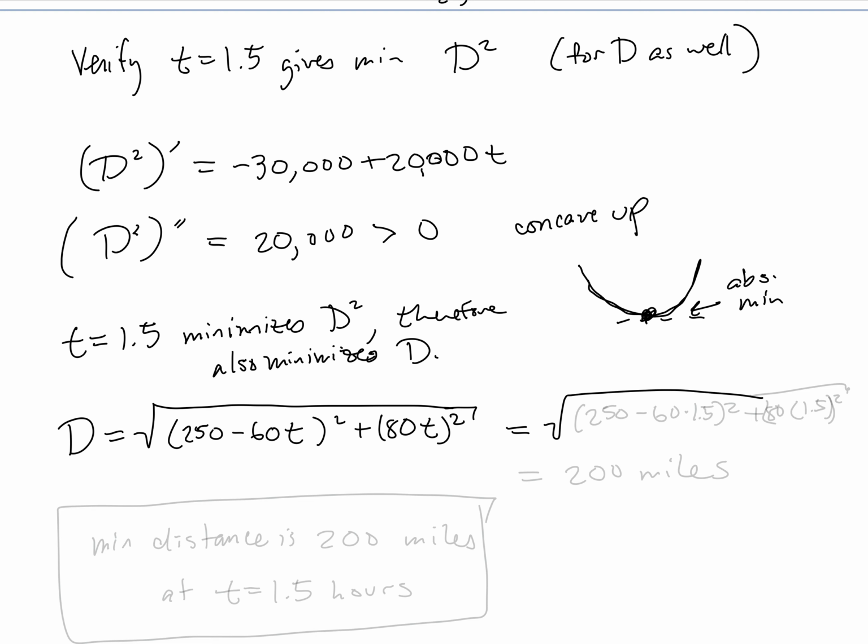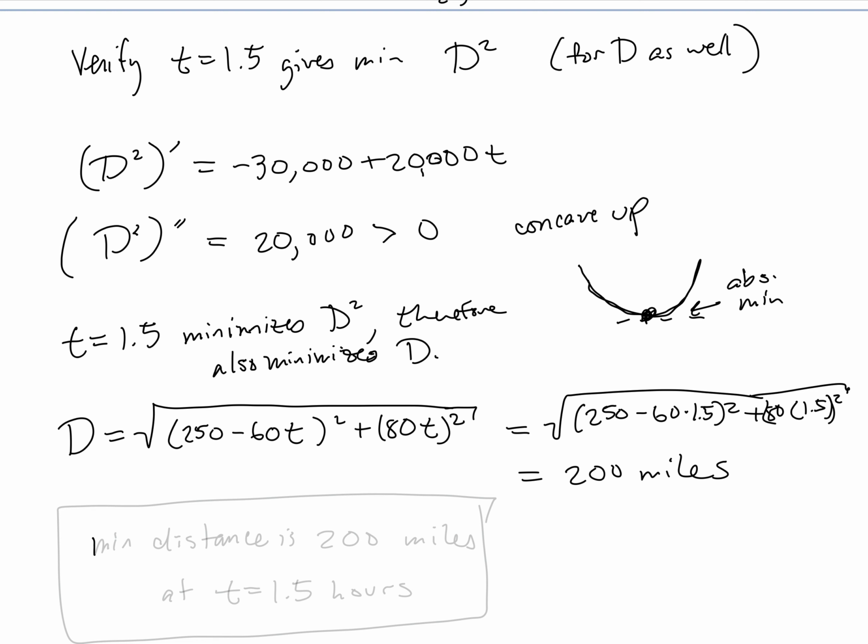And so that's the square root of 250 minus 60 times 1.5 squared plus 80 times 1.5 squared, that whole quantity squared. And if we simplify that, we'll get a very nice distance of 200, so that's 200 in miles. So the minimum distance between these two vehicles is 200 miles, and this occurs at t equals 1.5 hours.